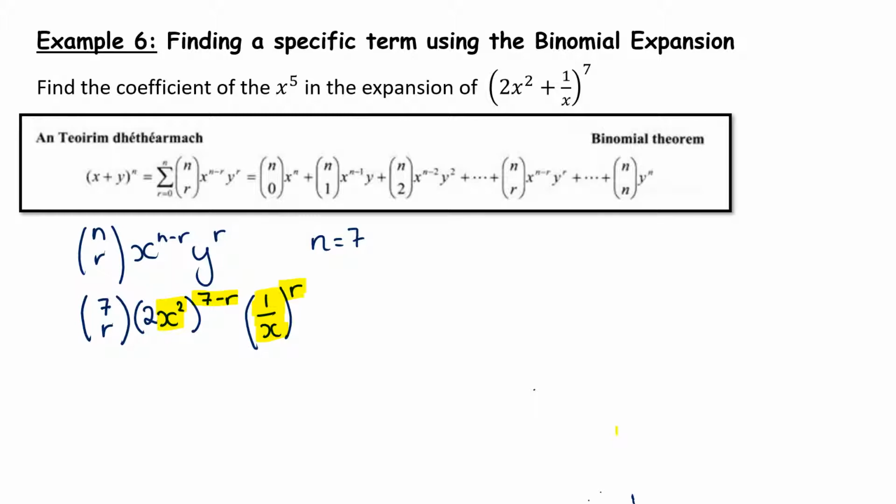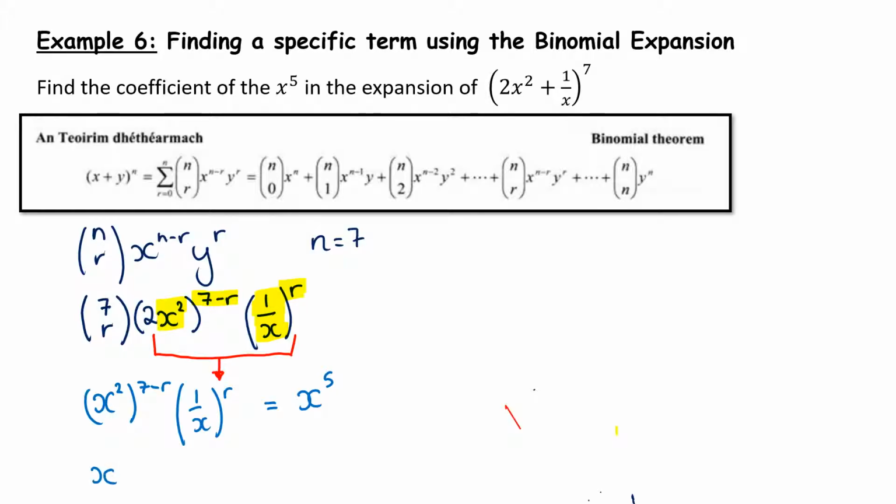So what I get here, okay, so I'm just going to take my x's and change color so we can see a difference in what we're doing. So we're going to have an x squared to the power of 7 minus r, and I have a 1 over x to the power of r, and that should all give me, for the r I want, x to the power of 5. So we're going to use a lot of our laws of indices here.